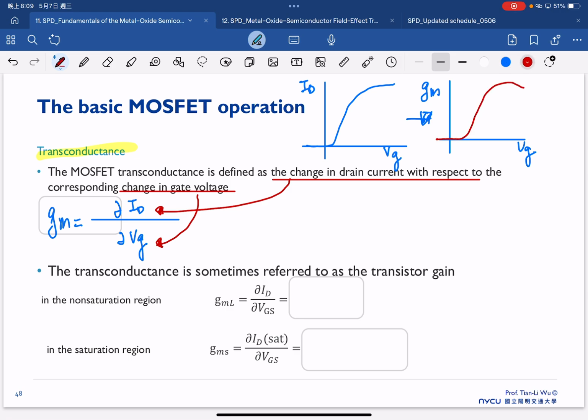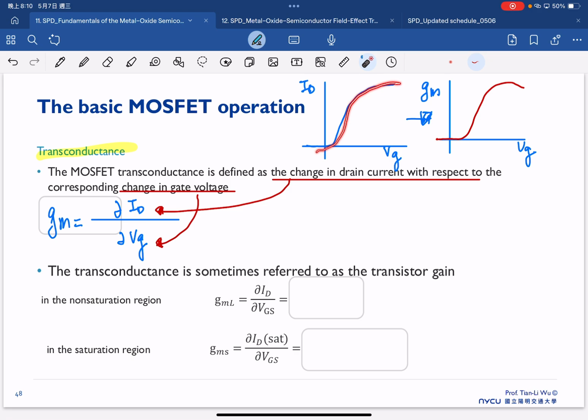The derivative of the current versus VG is the same calculation as the slope, right? If you think about this calculation, for each small VG step, we look at the increase of the drain current. So in the end, the transconductance is calculating the slope at each point.